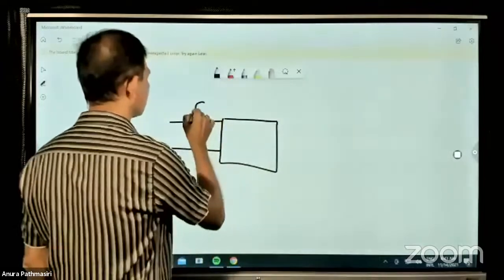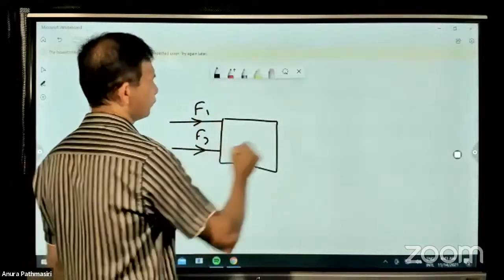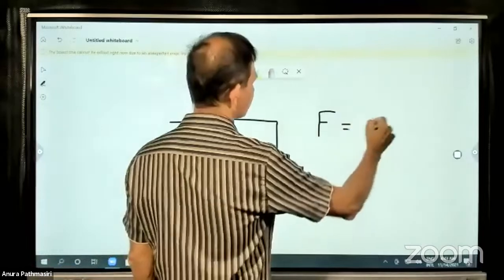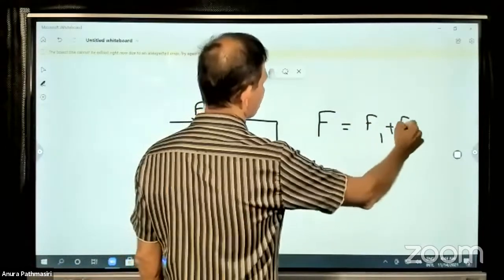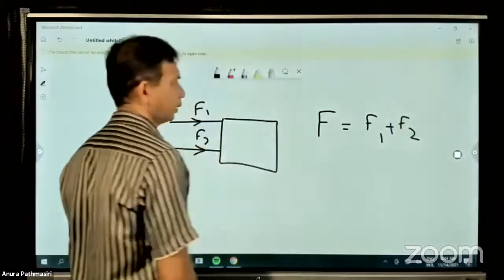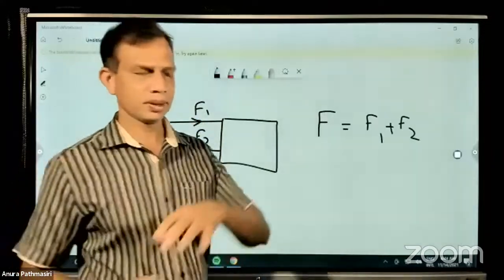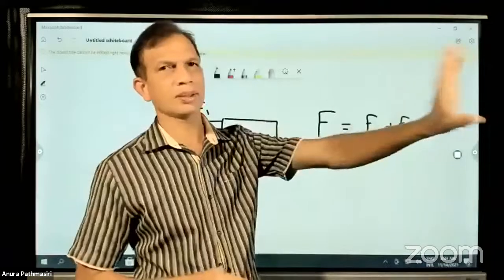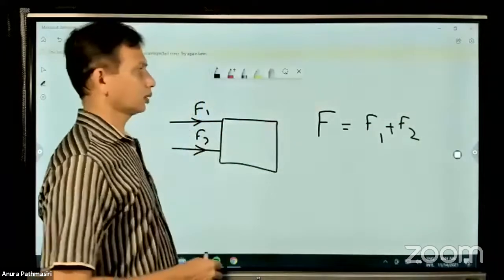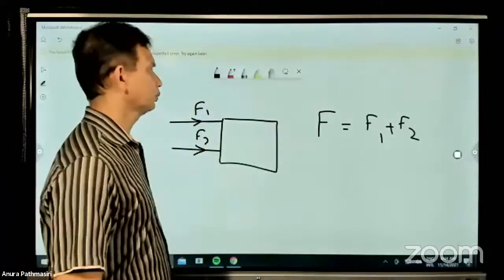In that occasion, also F1, F2, the resultant force will be F1 plus F2. If the lines of action are parallel and the directions are the same, the resultant will be the sum of the two forces.